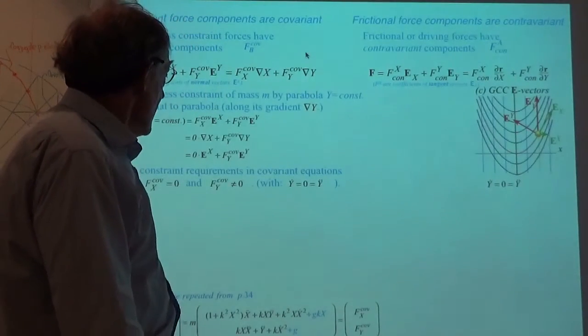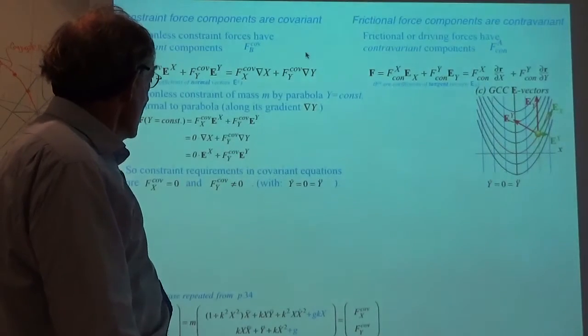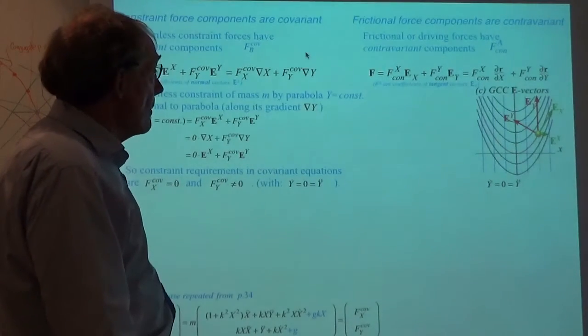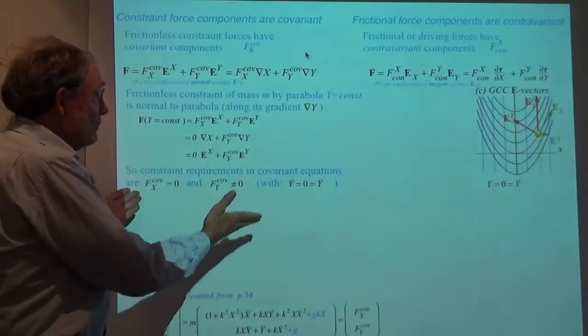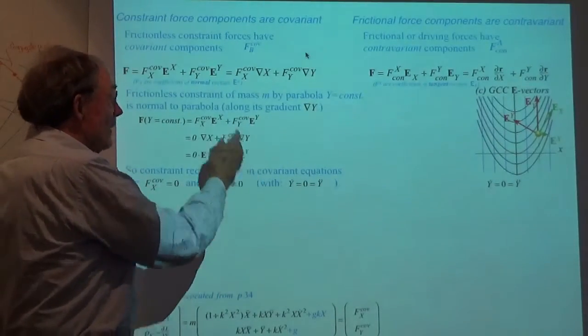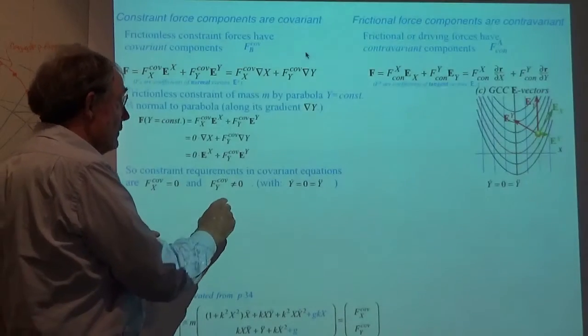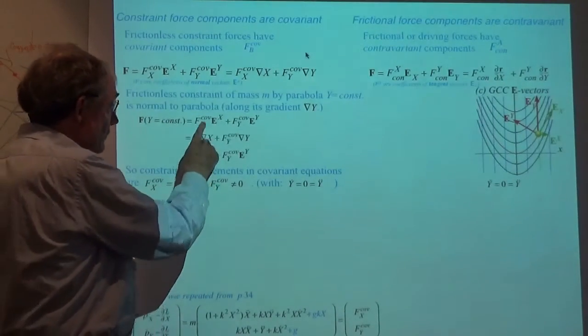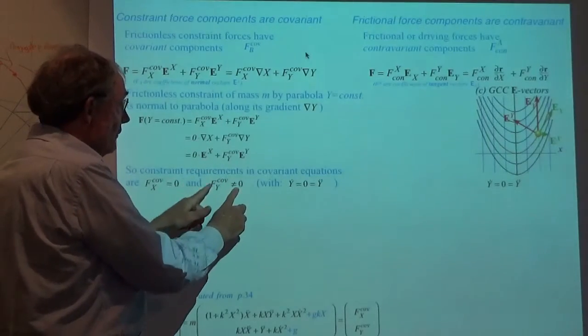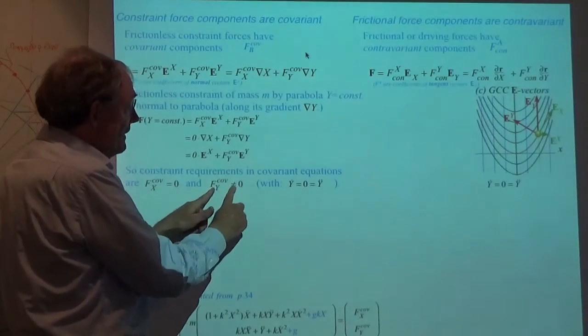And let's see. Should mention that the sum total of requirements of the constraint are, first of all, what we just said, that this thing is 0, that's this thing, and this thing may not be 0. I'm not saying it absolutely is 0.